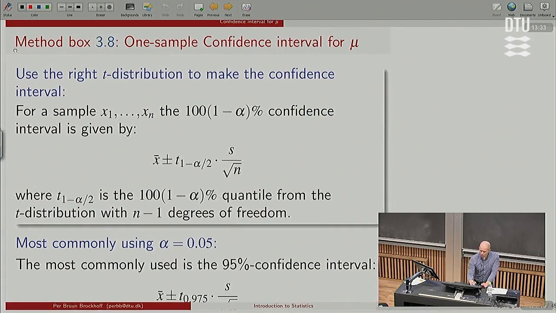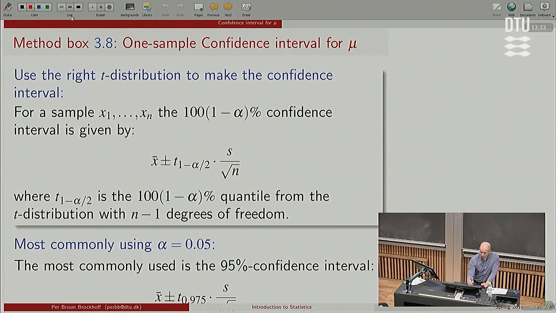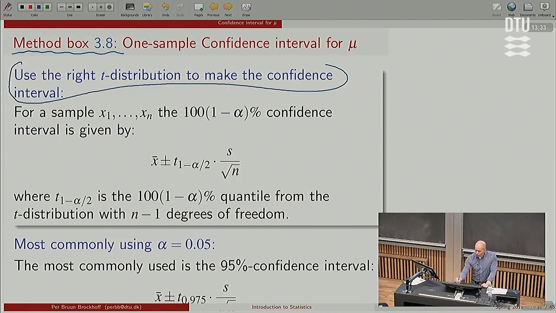Now we talk about method boxes. It's not a theorem, it's an actual method using the theory or the theorems to something practical. It says we should use the right t-distribution to construct the confidence interval when we compute a mean.